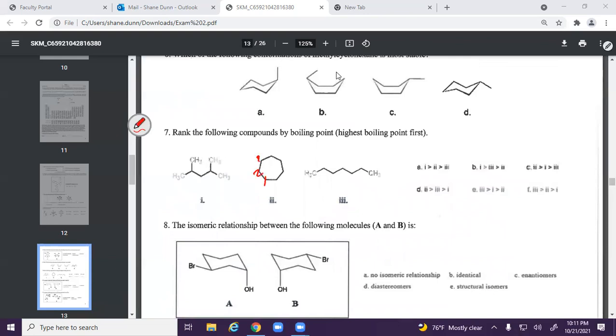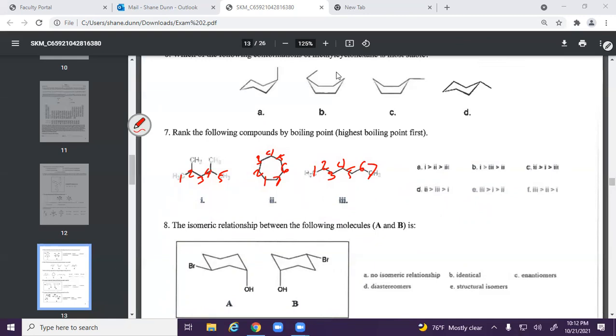1, 2, 3, 4, 5, 6, 7. 1, 2, 3, 4, 5, 6, 7. 1, 2, 3, 4, 5. So which one has a higher boiling point?